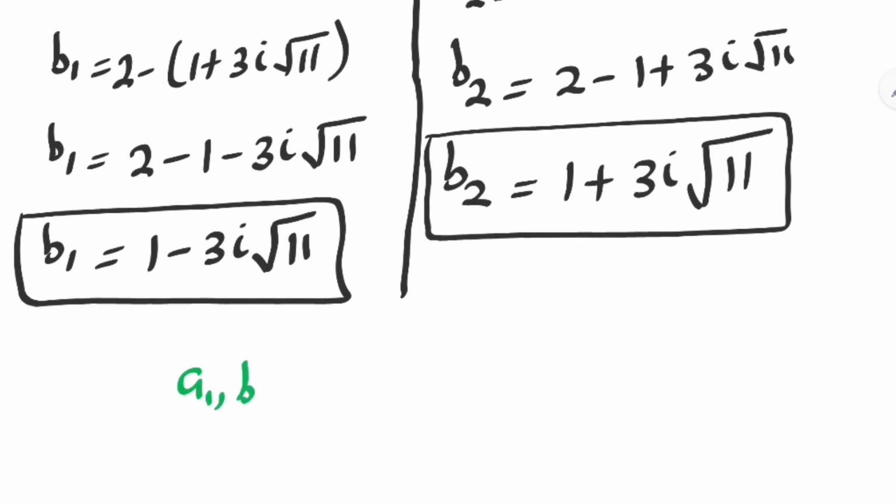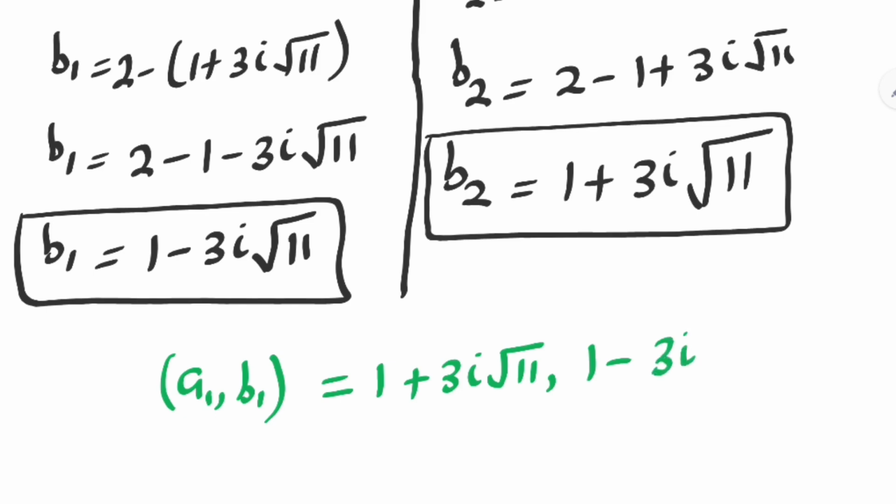A1, B1 is equal to 1 plus 3i root 11, 1 minus 3i square root of 11.